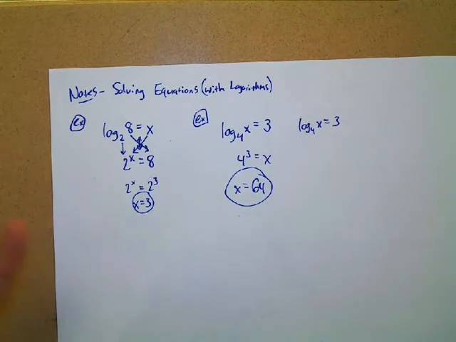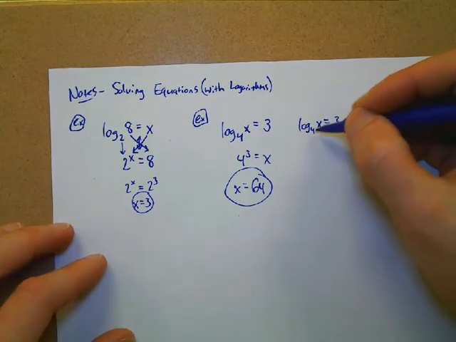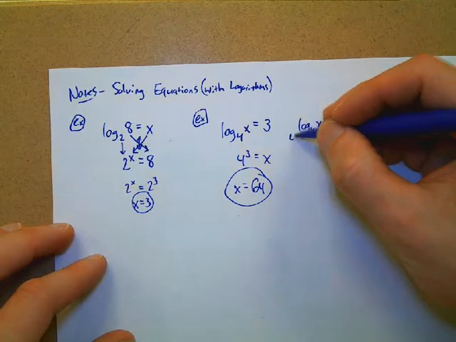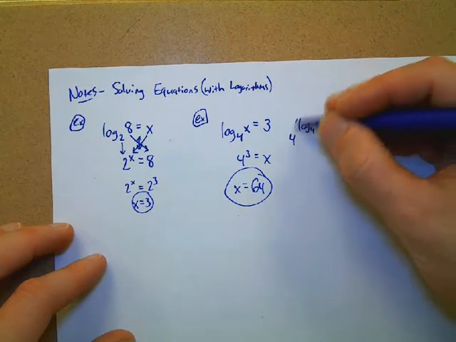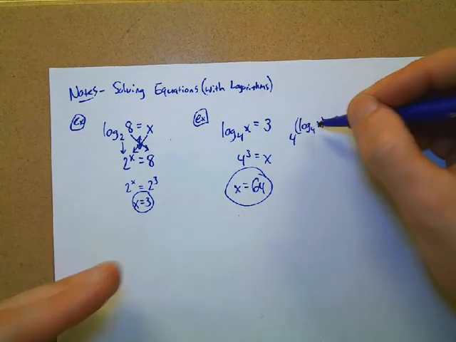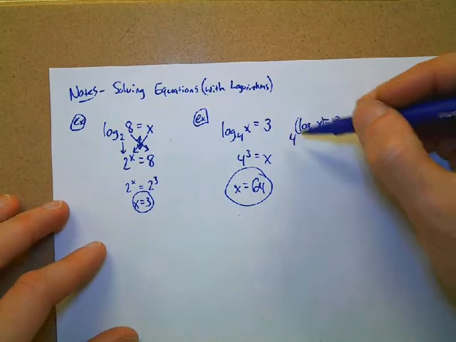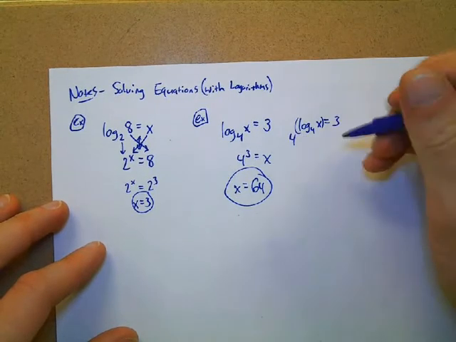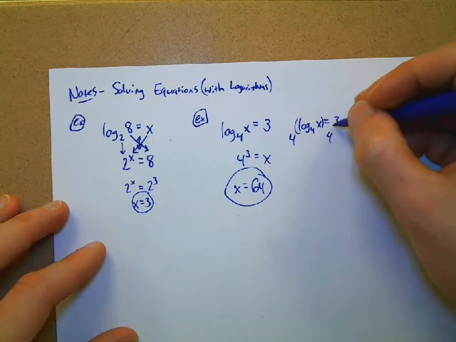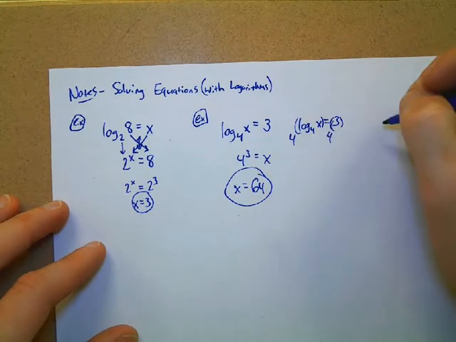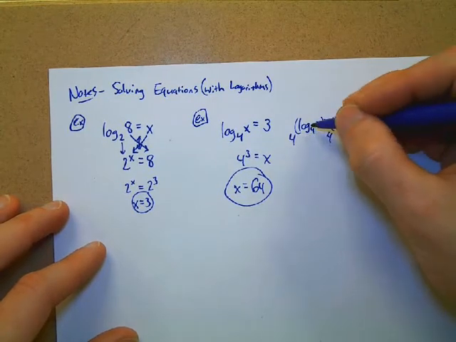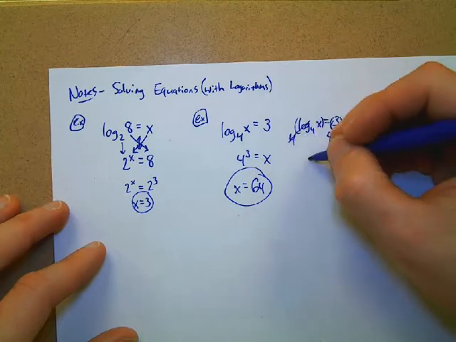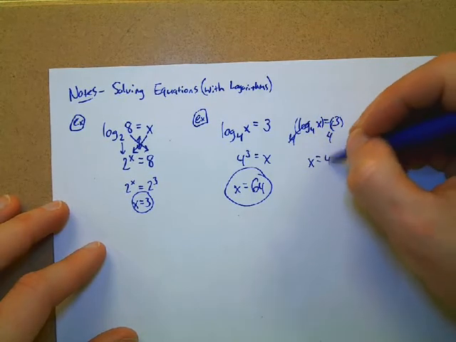So if I want to cancel out log base 4, I will put the left-hand side in an exponent with a base of 4, and I'll do the same thing to the right-hand side. 4 to the log base 4 of x cancels, and we're left with just x. 4 to the third is again 64. So that's another way to think about how this is working. We still get the same answer.